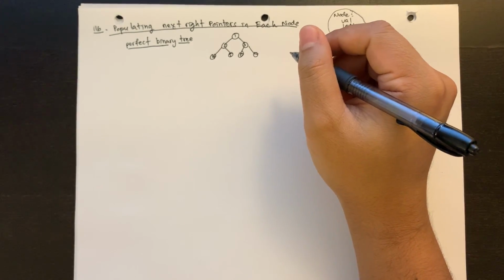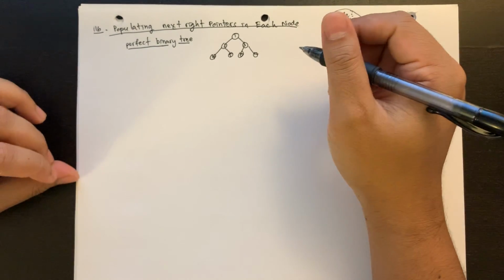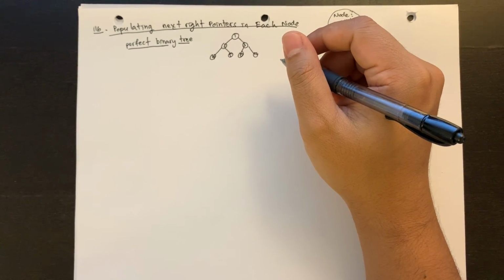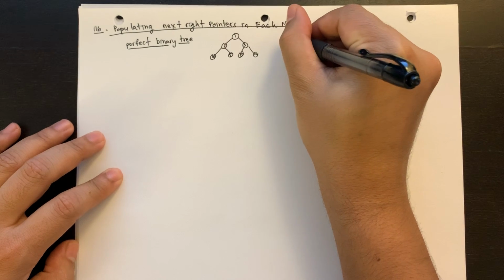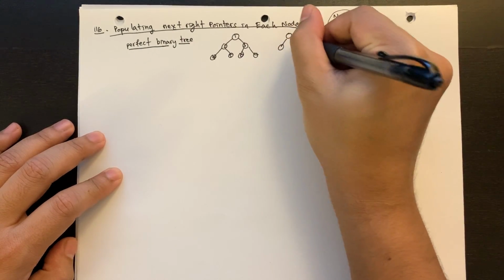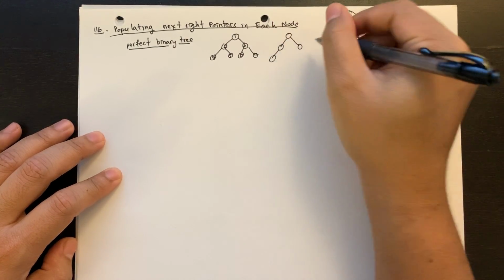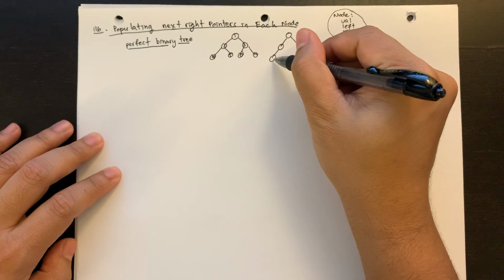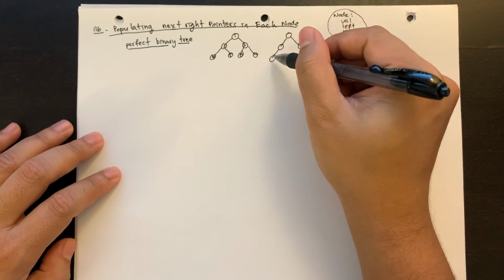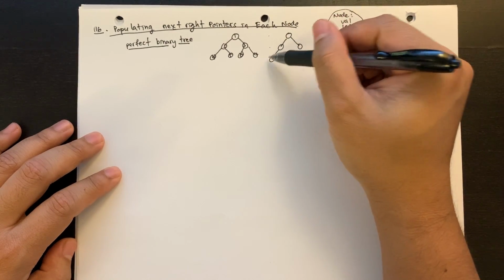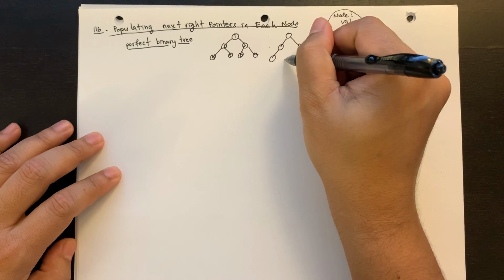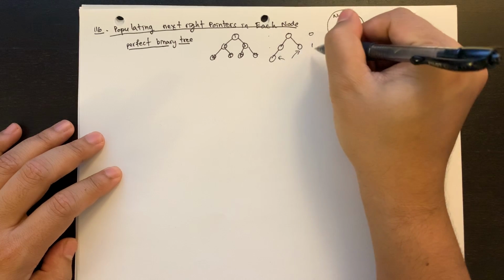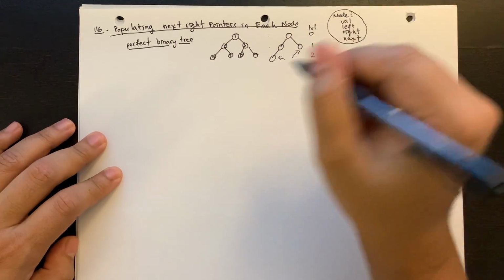So a perfect binary tree, according to LeetCode, is a type of binary tree where all leaves are on the same level. So this is not a perfect binary tree because this leaf is on a different level. Let's say we start with level 0, level 1, and level 2. This is a leaf node, this is also a leaf node, and they are on 2 different levels.